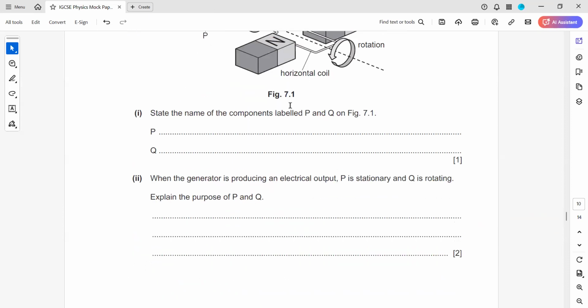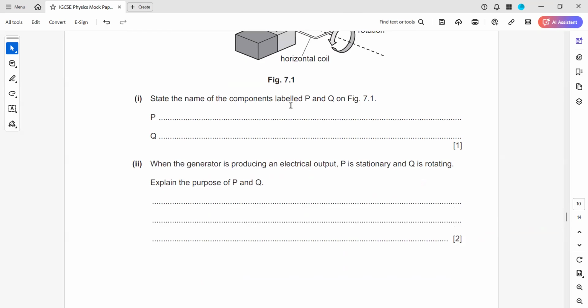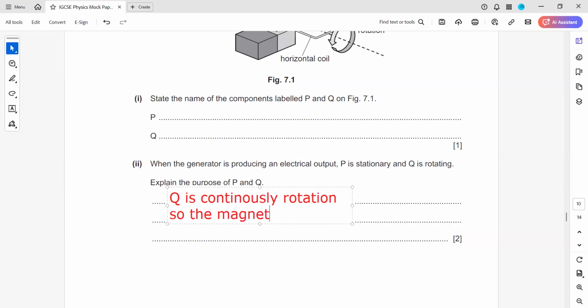So the answer here: Q is continuously rotating, so the magnetic field change induces EMF.